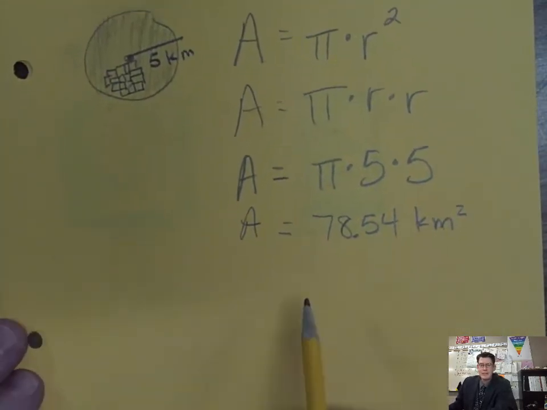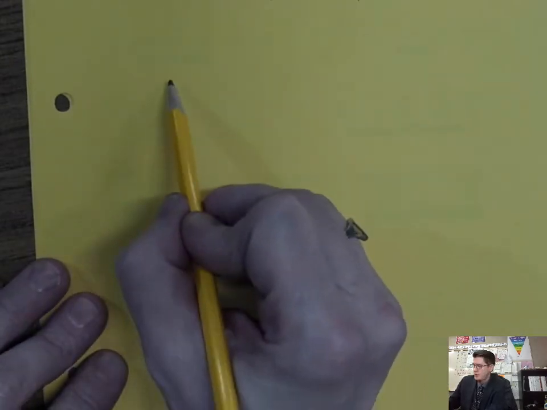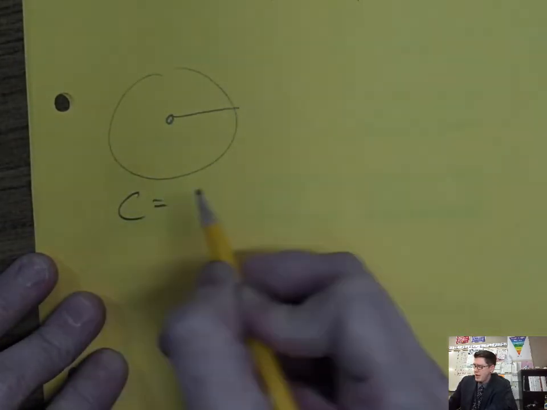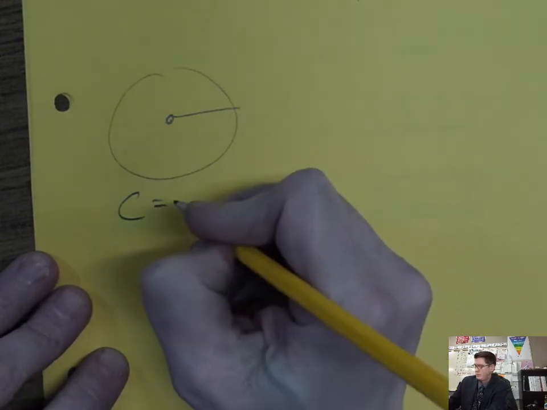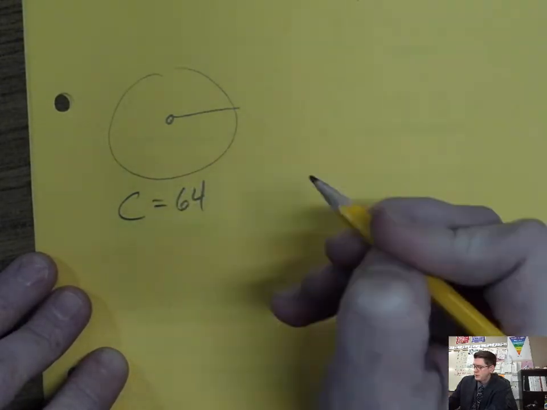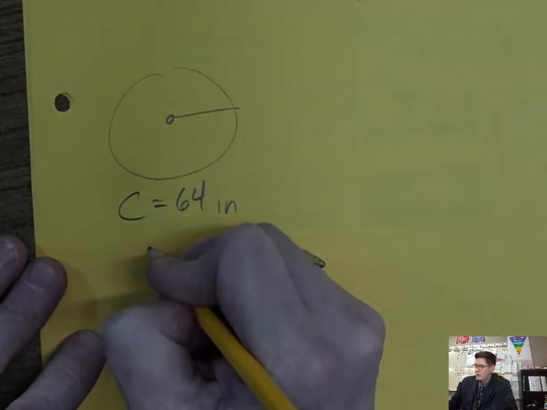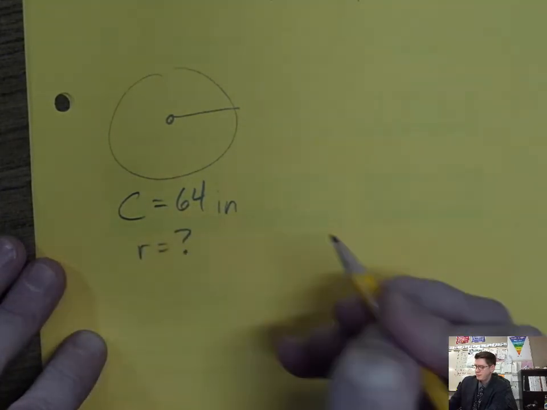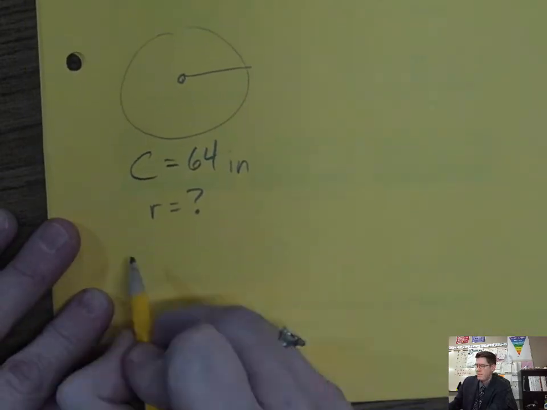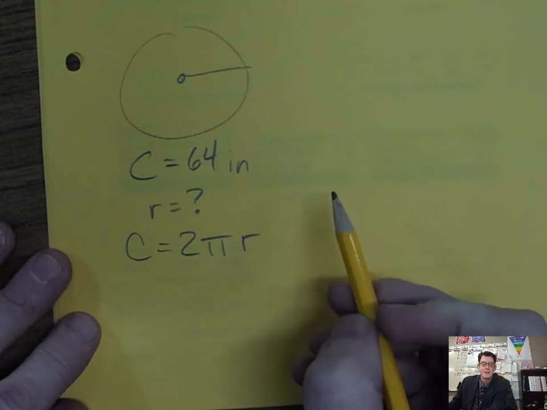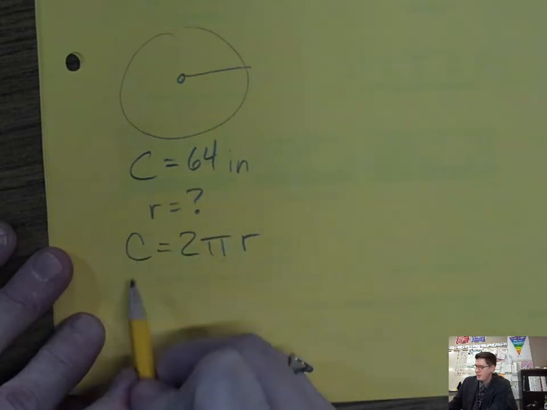And you might see situations like this. I'm going to work backwards on two. What if I've got a circumference, and I say that the circumference is 64 inches. What's the radius? Well, you can just work it backwards. The circumference is 2 times pi times radius. So I put the 64 right here.